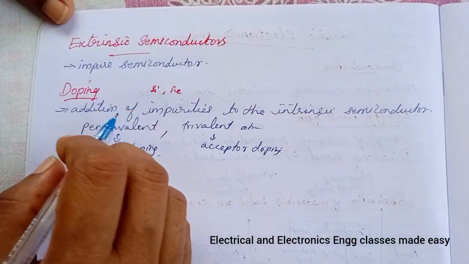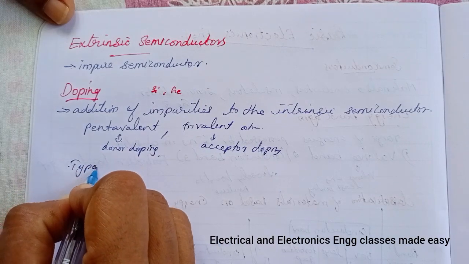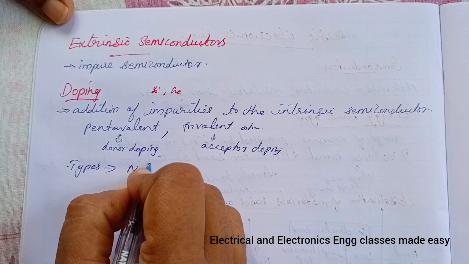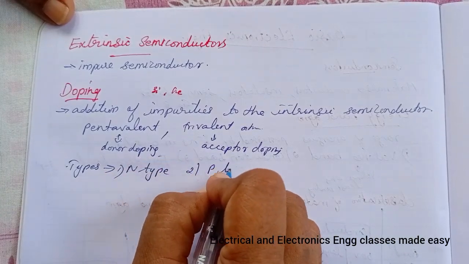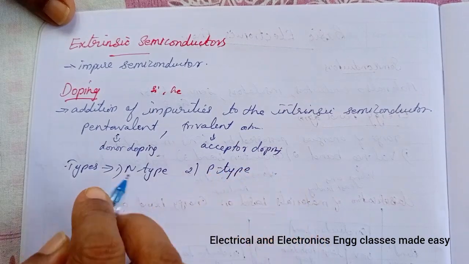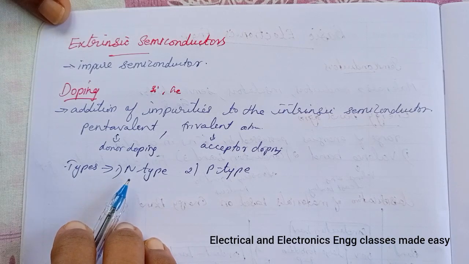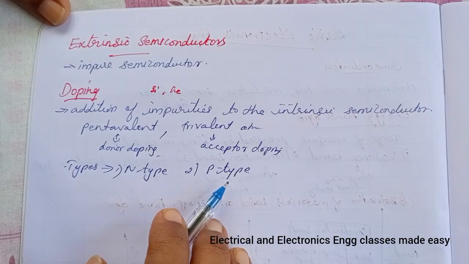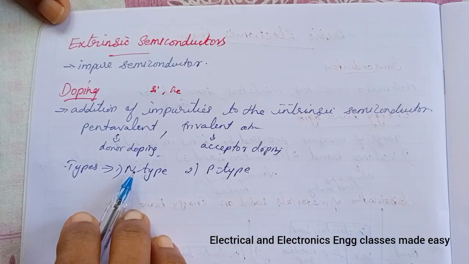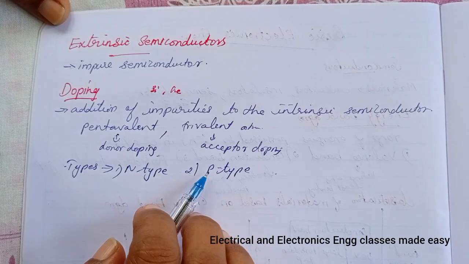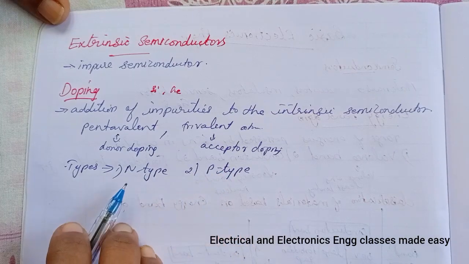The extrinsic semiconductors are of two types: N-type and P-type semiconductors. N stands for negative and P stands for positive.